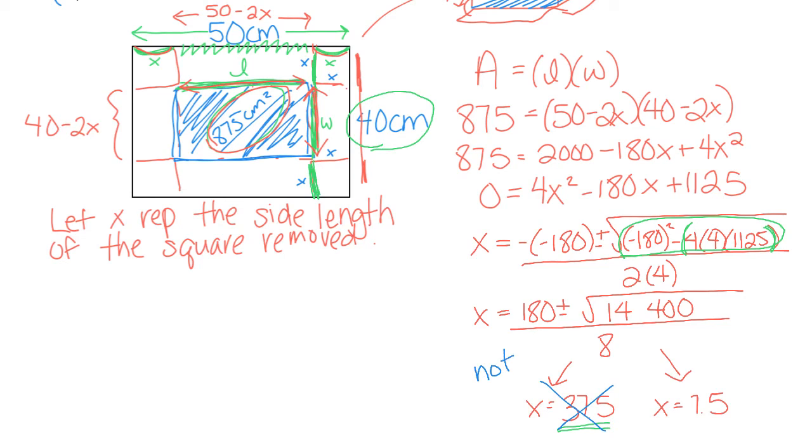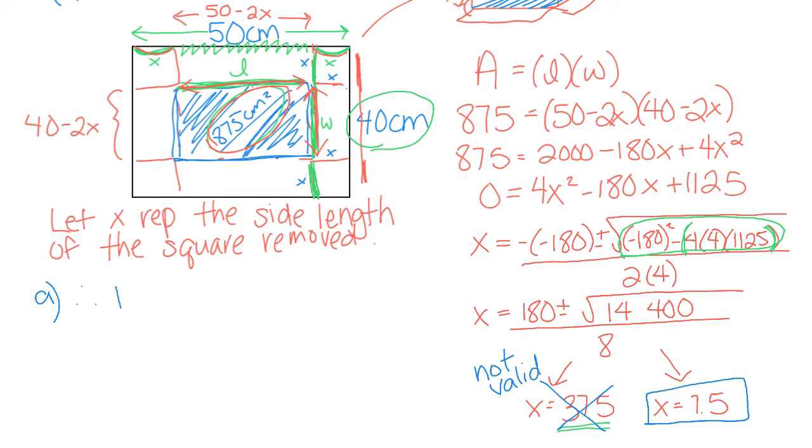So always go back to your work. You can try out both. Sometimes you might have two options. That's fine. Then you'll have two different answers. But quite often one of them won't work. So then I know that my only option here is x is equal to 7.5. And so I'm going to go back and take a look at that question. A, it says find the side length of the square removed.